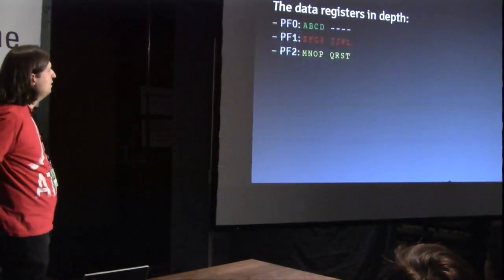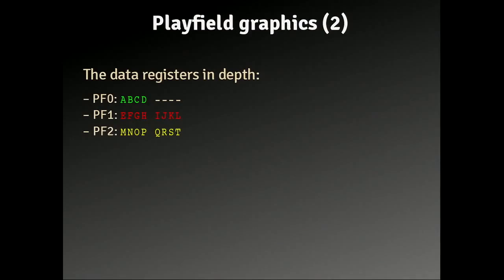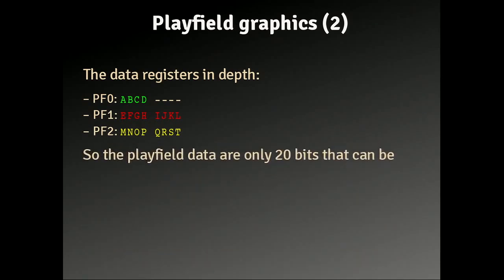So let's take a look at the playfield data registers in depth. This is what is used. I've numbered the bits so that you can see how they are displayed as the beam travels along. It looks like this if they are mirrored. Once you write your own code trying to display something, you will get something wrong, most probably.